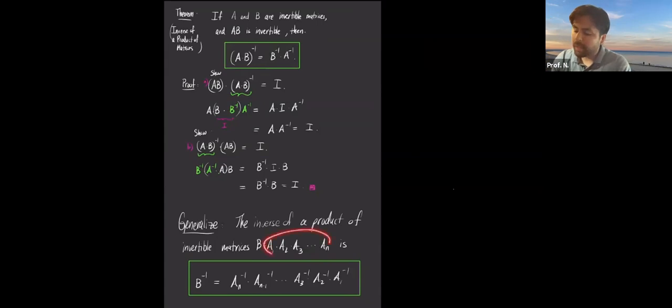Then the inverse of that product would be A sub n inverse times A sub n minus 1 inverse, all the way to A sub 1 inverse. So I'm just extending this idea from the two matrix case to the n matrix case.